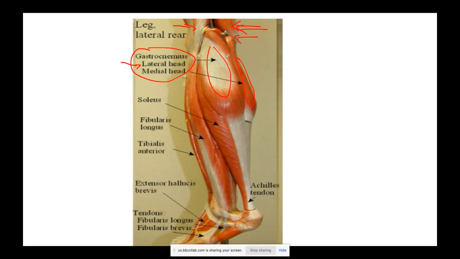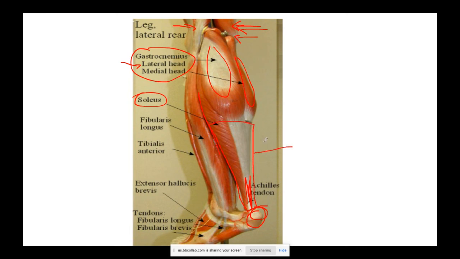So the gastrocnemius crosses the knee, but it also crosses the foot because it attaches right here, the Achilles tendon. The Achilles tendon comes off of the gastrocs and the soleus. Both the gastroc and the soleus come down and make up this Achilles tendon.